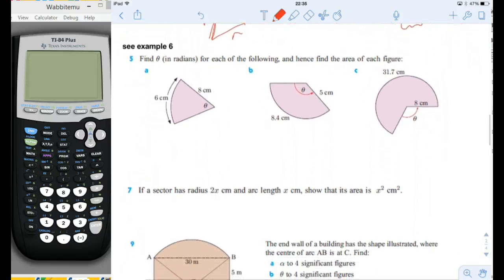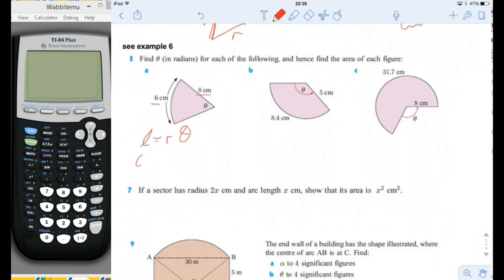Number 5. Find theta in radians for each of the following, hence find the area of each figure. So for this one, we would use the formula L equals R theta, because we know the L and we know the R. We just need to find theta.